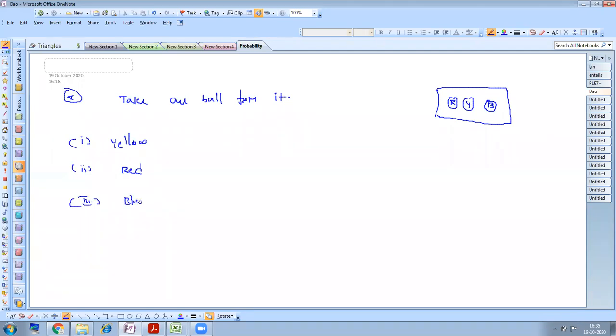How can you explain this question, Sandhya? This symbol is the probability of getting yellow, this is red, and this is blue. What is the total possible?